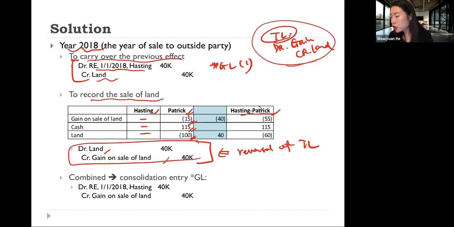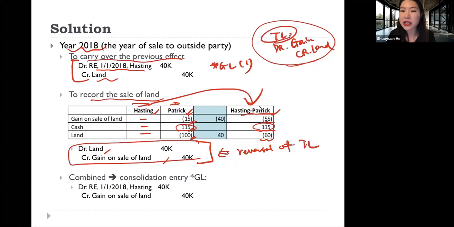However, if you view the two firms as one firm, it is selling the land for 115. The cost is 60, which was the original cost when Hastings purchased the land, and the difference is 55. So in order to get from this to when the two firms are viewed as one firm, there's nothing we need to do regarding cash.